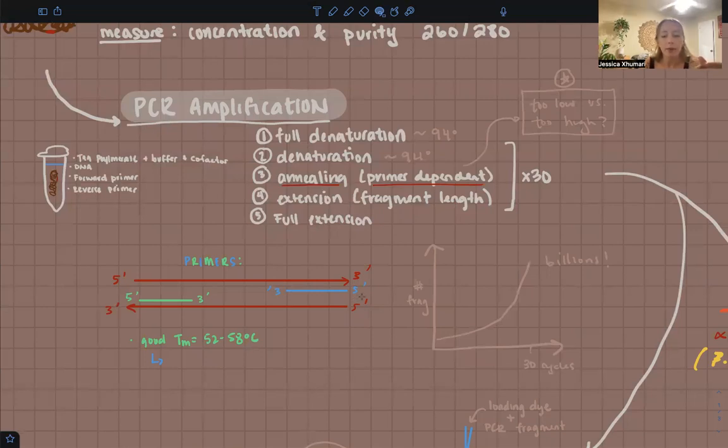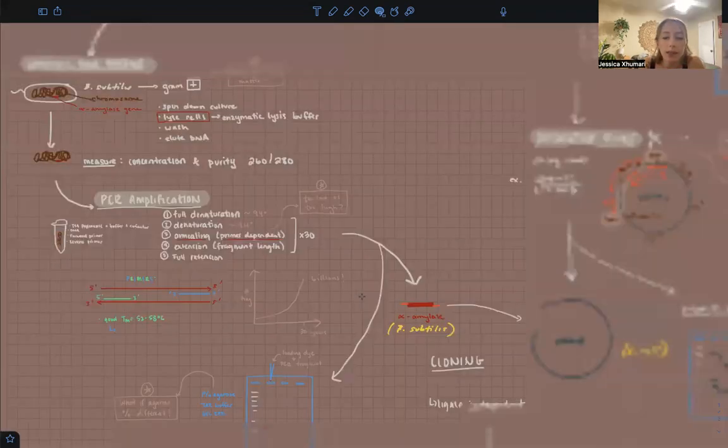The last step, when you're inputting your answer, is to invert that, to turn it to 5' to 3', because that's always how we input our DNA sequences, right? So the forward primer would just be the first 20 base pairs that we see. The reverse primer would be finding the complement and then inverting it, or reorienting the sequence, so it's 5' to 3' instead. All right, so that's all for PCR.